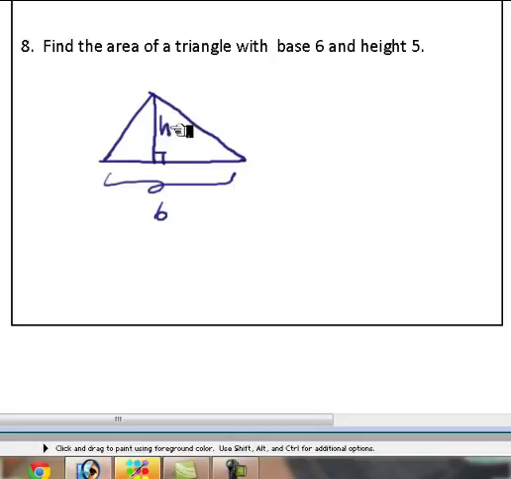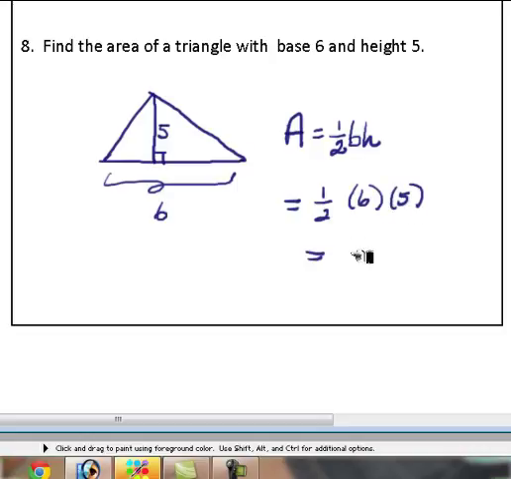So all we need is to know the formula for the area. The area is equal to 1/2 base times height. All right, so in our case it's 1/2 times 6 times 5, which is equal to 15.